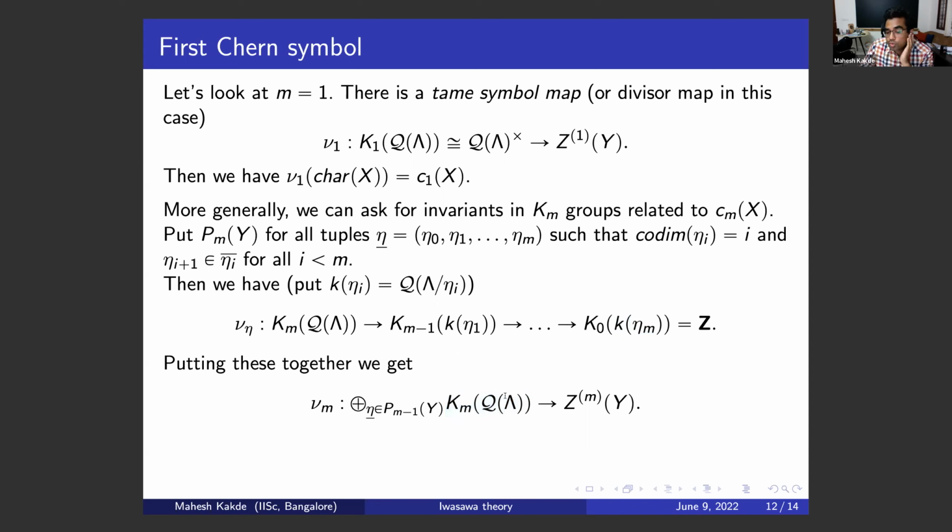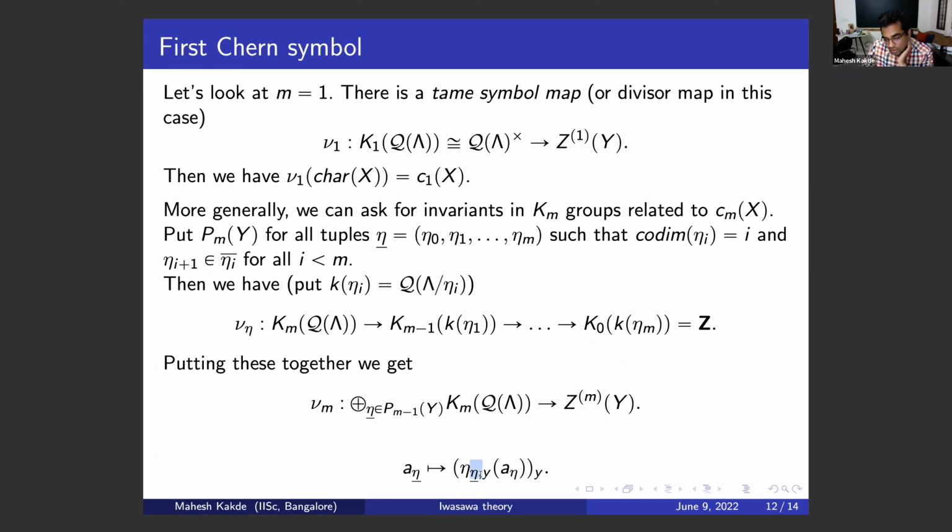So I can put all these things together to actually get a map from several copies of Km of Q lambda to Zm of y. And this is not a typo for once. This is actually p to the m-1, even though I'm working with m. This is because for any codimension m point here, the map that I take is the one, sorry, this should be nu. This is a typo, sorry. This should be nu of eta bar comma y.